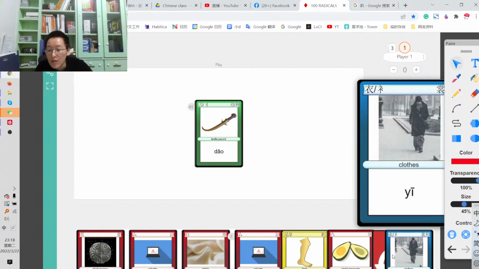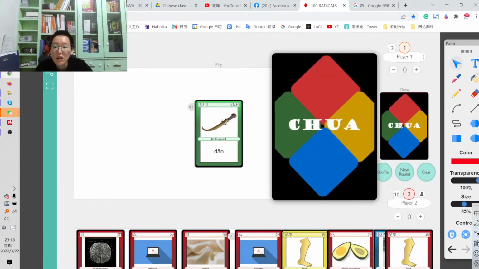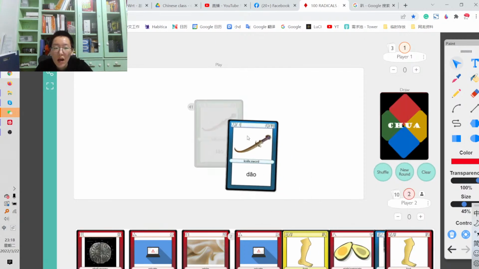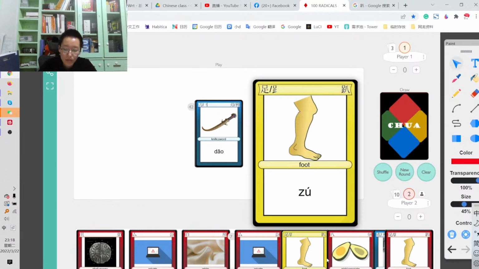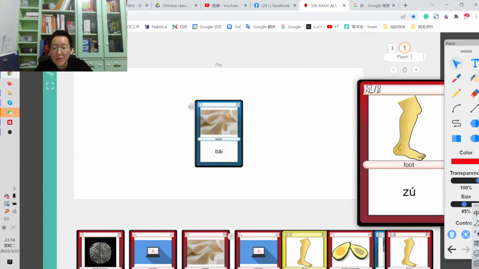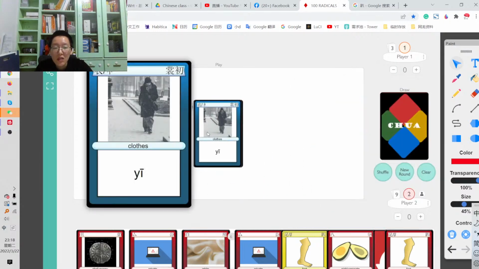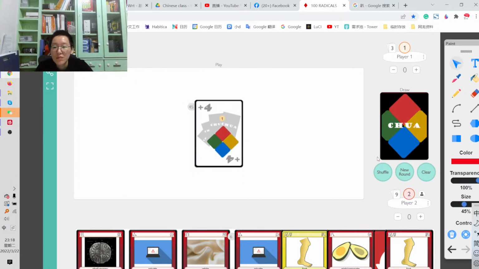I don't have red. Okay. 刀, blue. 衣. Plus 4.